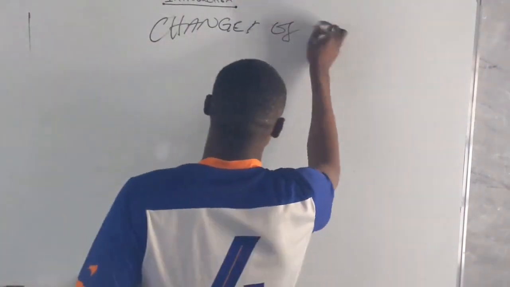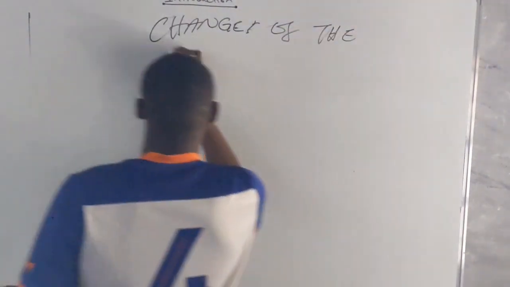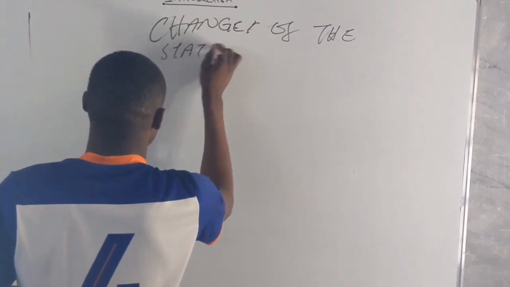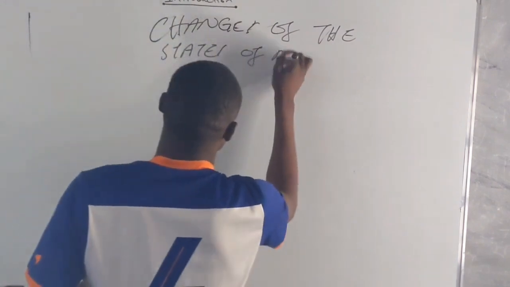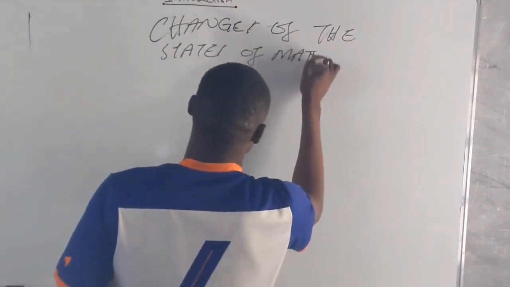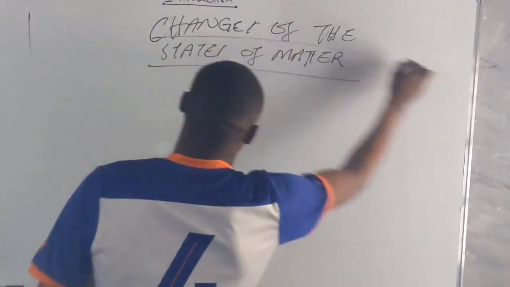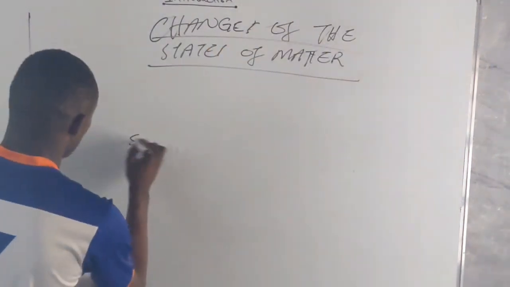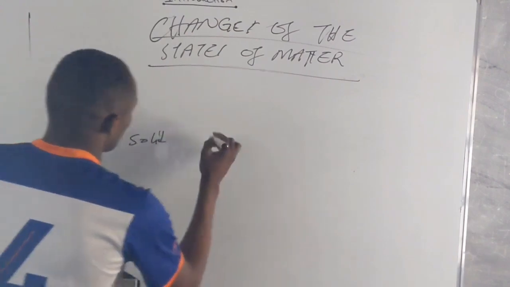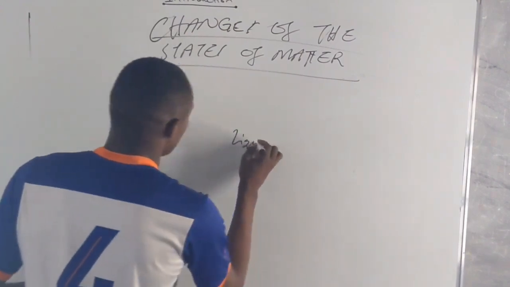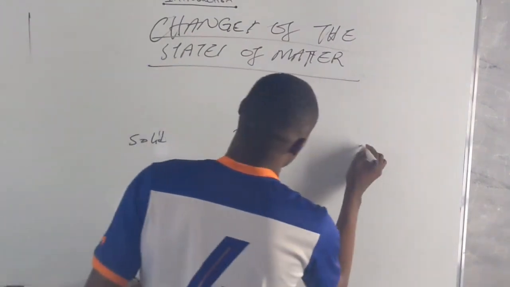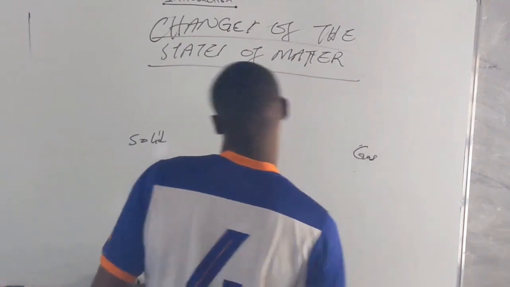Changes of the states of matter. Now, what are the changes? Alright, let's say we have a solid here, we have a liquid here, we also have a gas here.